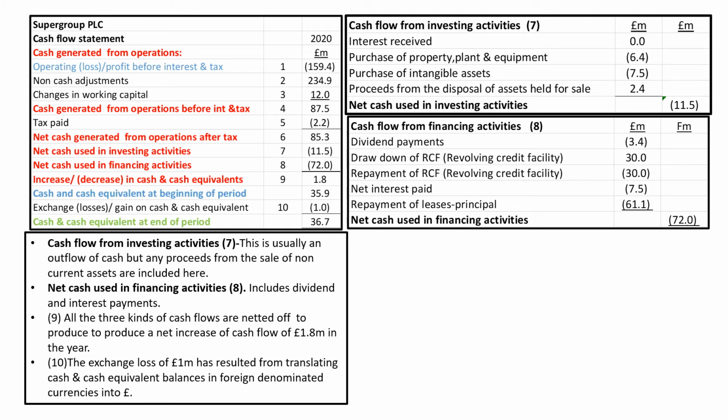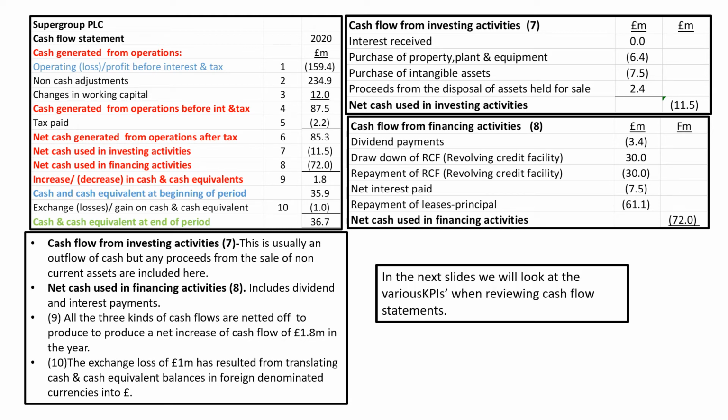Then there is this exchange loss of 1 billion, which has resulted from translating cash and cash equivalent balances in foreign denominated currencies in the pound, and that is a loss, so it's a deduction, and that ends up with a final balance of cash and cash equivalents at the end of the period of 36.7 million. In the next slide, we will look at the various KPIs when reviewing cash inflow statements.